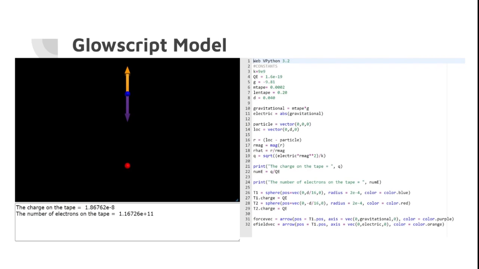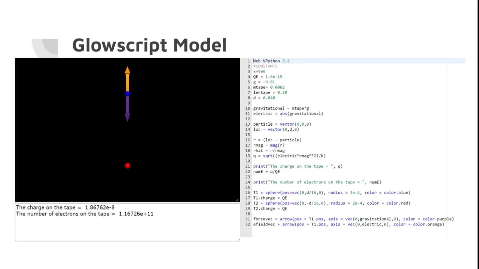This is my GlowScript model, basically modeling it in a perfect field. The red and blue represent the two pieces of tape with the negative charge. The orange vector is the electric field vector, while the purple vector represents the force vector from the blue particle.